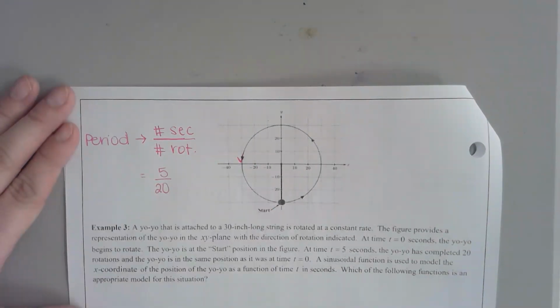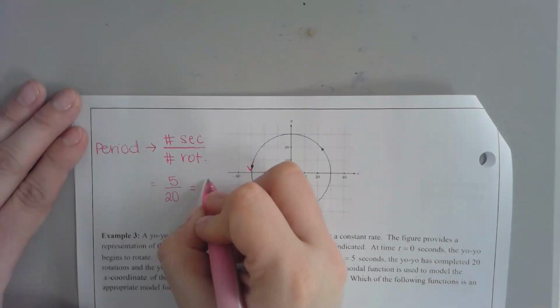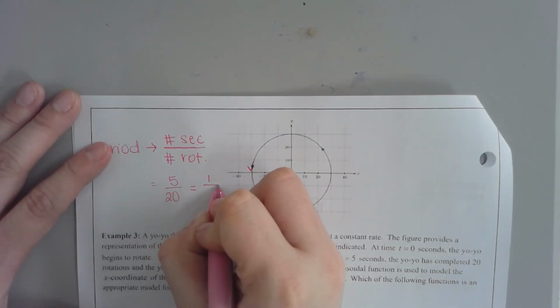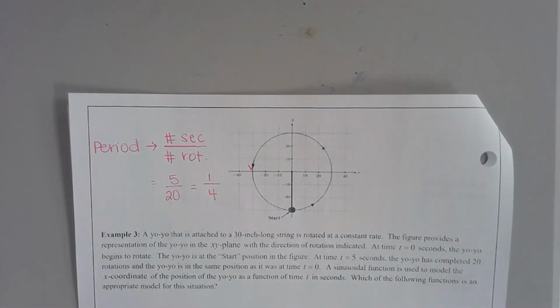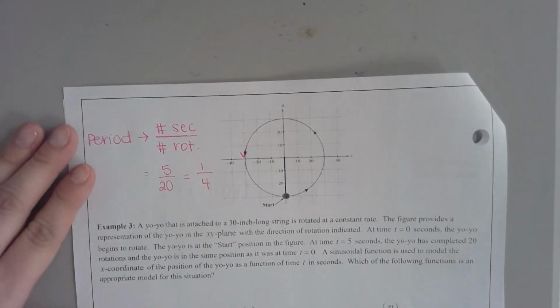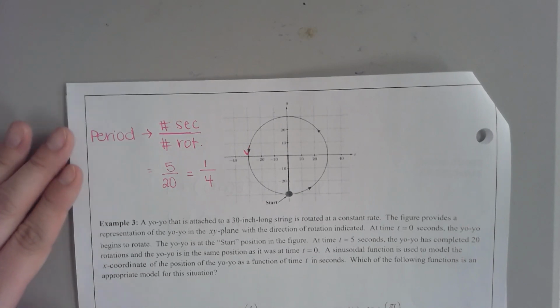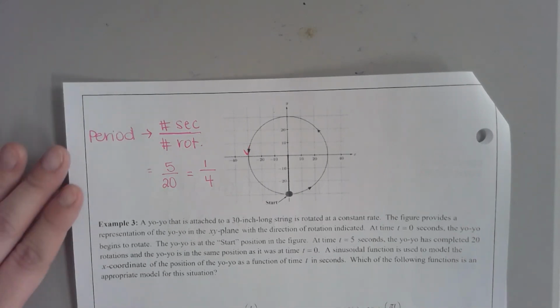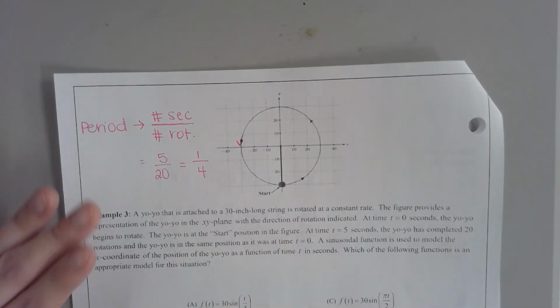So 5 seconds, there's been 20 rotations, which means that for every 1 second, there's 4 rotations. So every second, it's gone around 4 times. Okay, or it takes 1/4 of a second to get around once. That's what that's meaning.